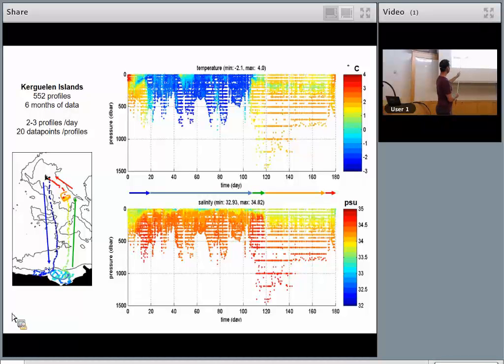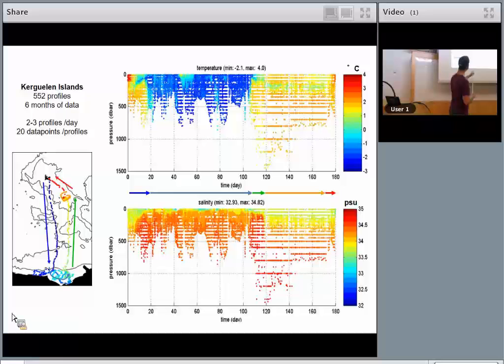And this one stayed a bit on the plateau next to what's called Heard Island here, and then back to Kerguelen Island. And along this way, each point on this map corresponds to a profile that we received by satellite.